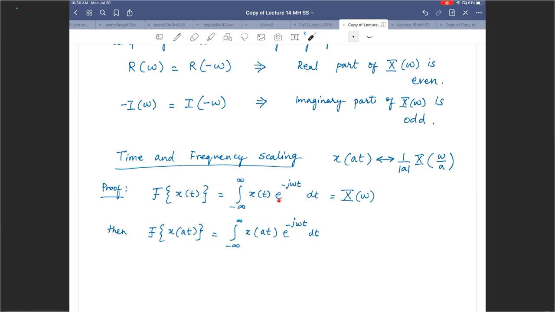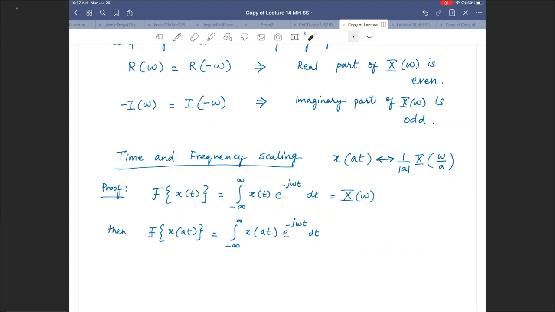You integrate out t, you are left with omega, and you get the Fourier transform. If that is given, then if you scale the time domain signal by a scalar a, then in the frequency domain you will have omega divided by a, the reciprocal effect. But there is also an amplitude scaling of 1 divided by the absolute value of a.